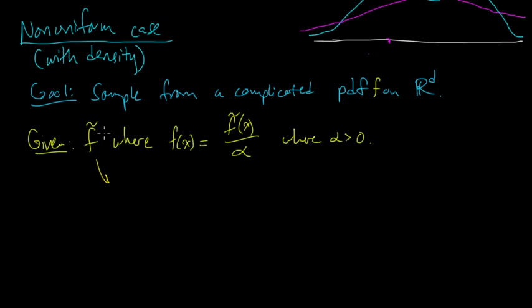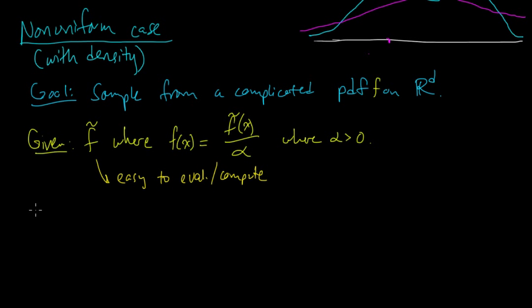Computationally, f tilde may be very easy to evaluate, and f may be very difficult. So actually carrying out that integral to get alpha can be extraordinarily difficult. So the assumption here is that f tilde is easy to evaluate or compute, and f is not necessarily easy.